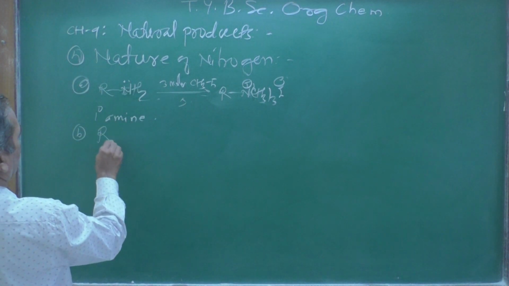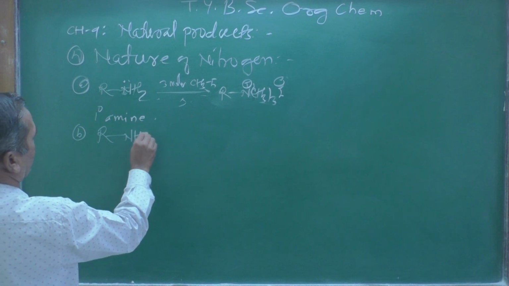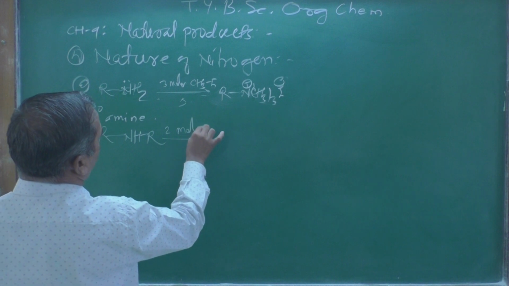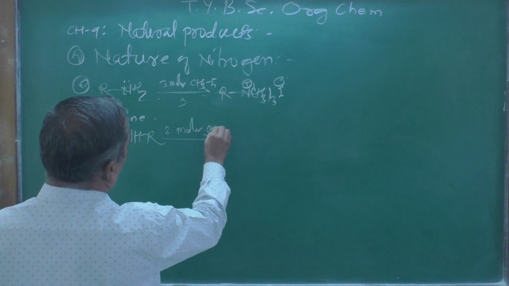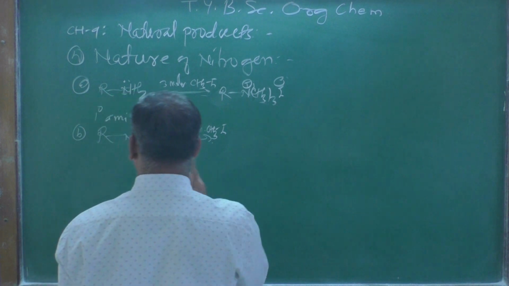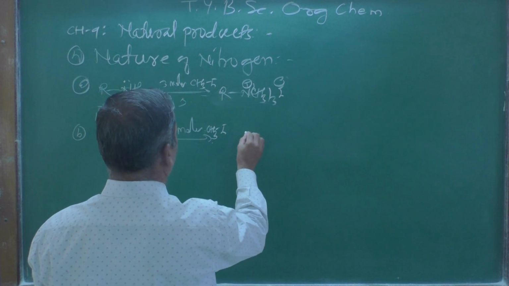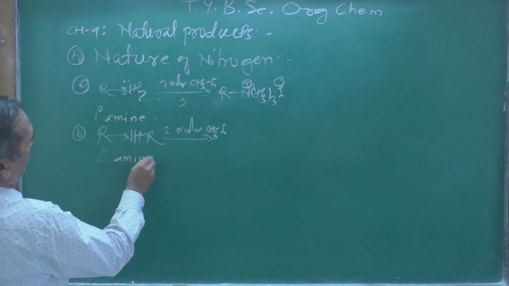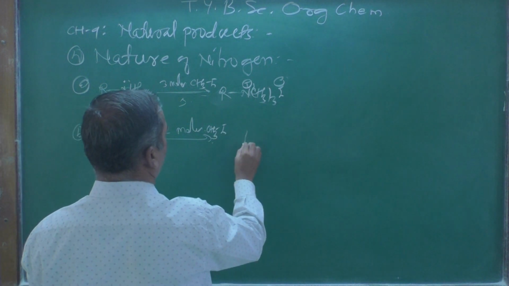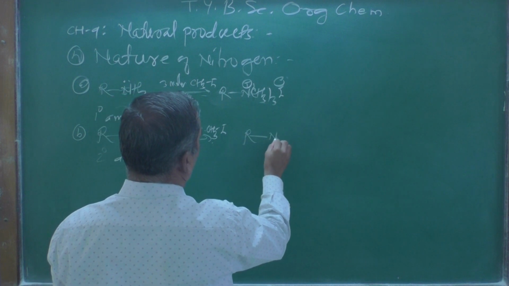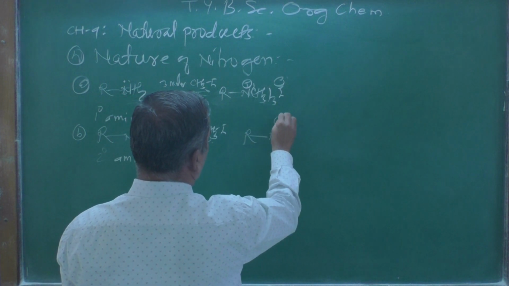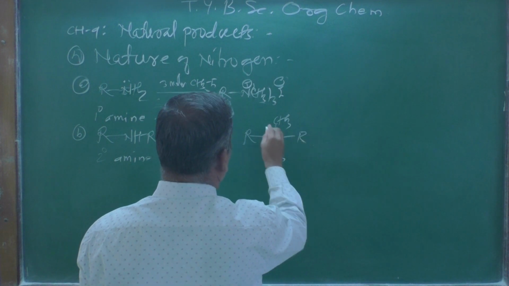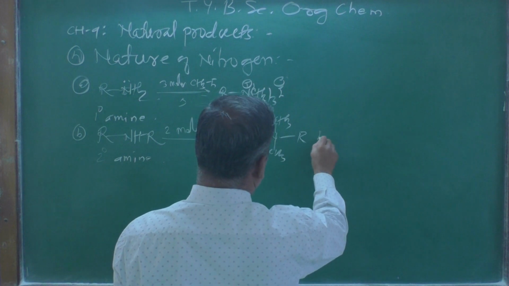In the second case, R2NH, if it is there, then it requires 2 moles of methyl iodide to be consumed, so this is a secondary amine, and you are going to get the product R2N(CH3)2 with positive charge on the nitrogen atom and I minus.